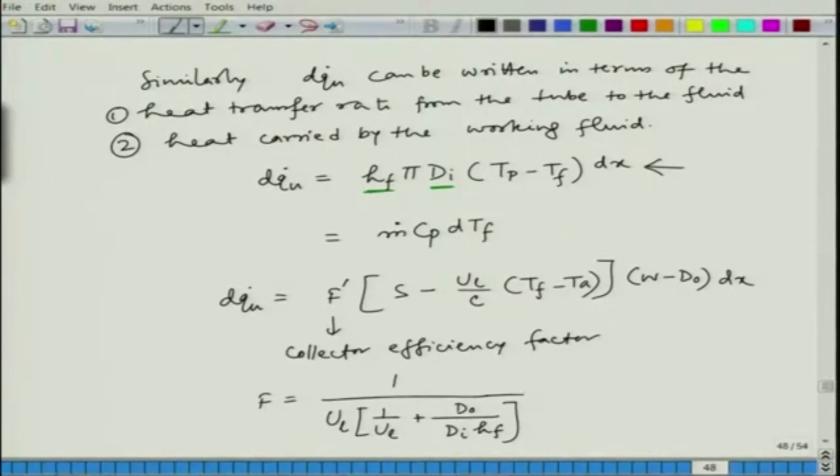Okay. So, here you note that we have a cylindrical geometry, right, cylindrical tube, and that is why this factor d naught by di is coming.